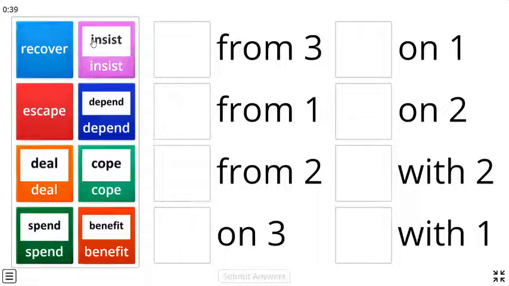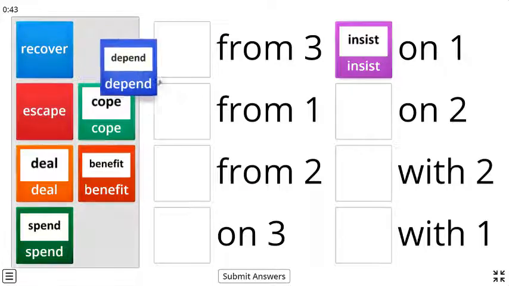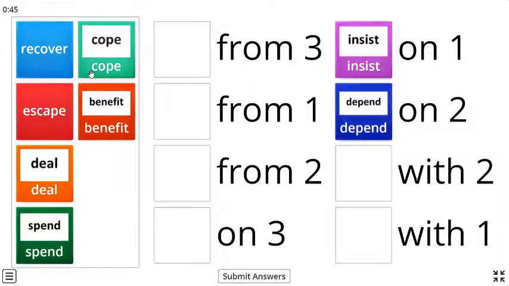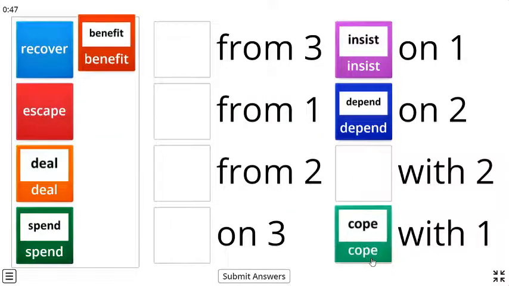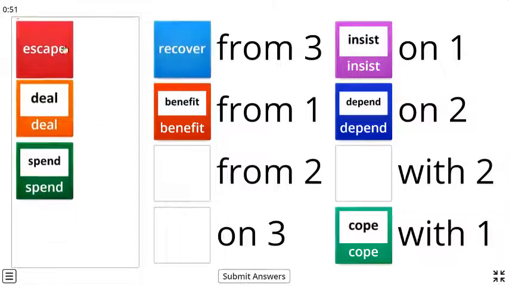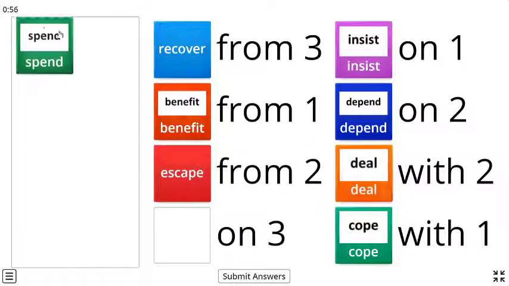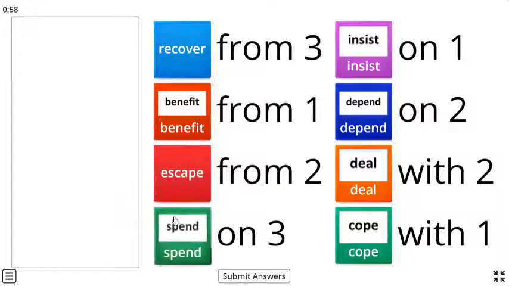So we insist on, we depend also on, we cope with, we benefit from, we recover from, and we escape from, we deal with, and we spend on.